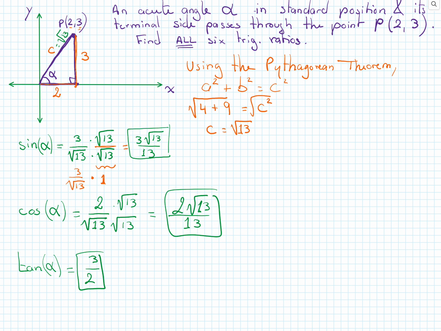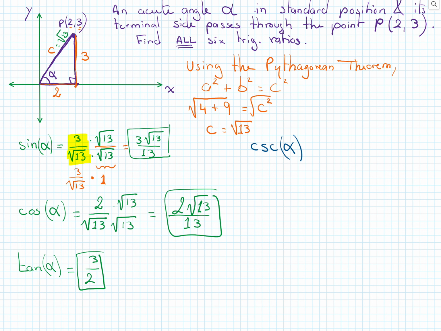So let's change color and go to our reciprocal ones. The reciprocal of sine is cosecant. So cosecant of alpha. And now you can do several things. I would always go back to my very original one there and just take that and do the reciprocal.